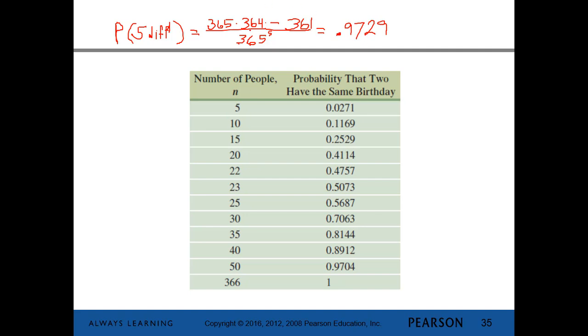And so you could do the same thing for each one of these. If you put 10, well, then now it's going to be 365, 364, all the way down till you get done with 10 people, divided by 365 to the tenth.